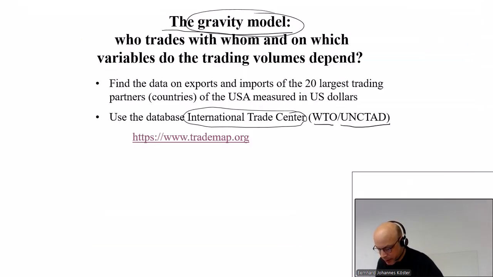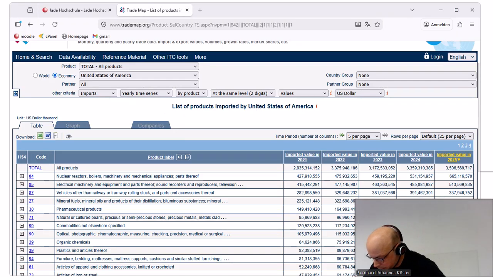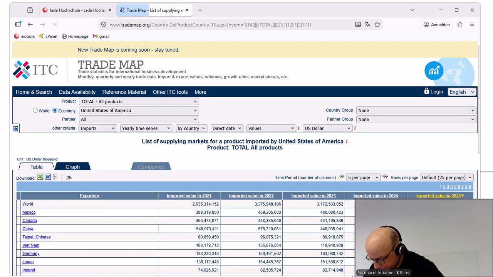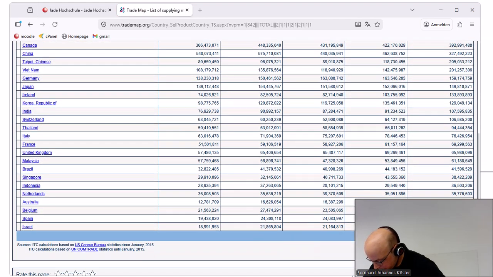But here I want you to look at the 20 largest import and export partners of the United States. Imports we have already, but here we have products. So change this to country.